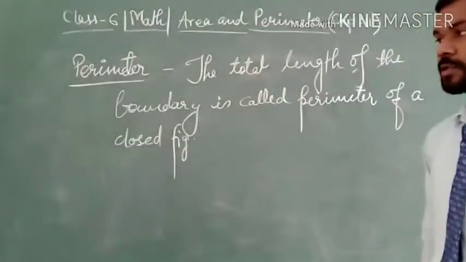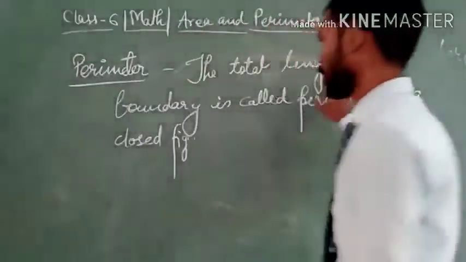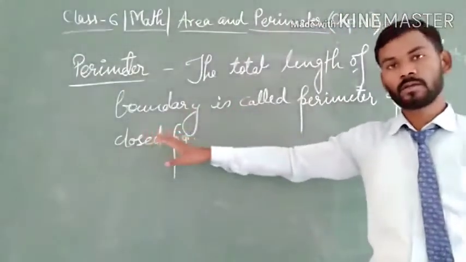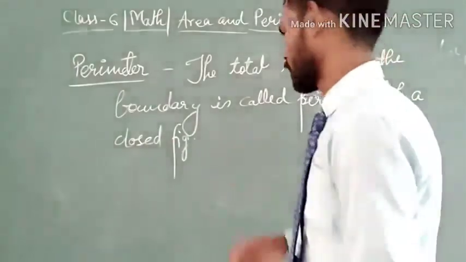This is the definition. Okay, the total length of the boundary is called perimeter of the closed figure.